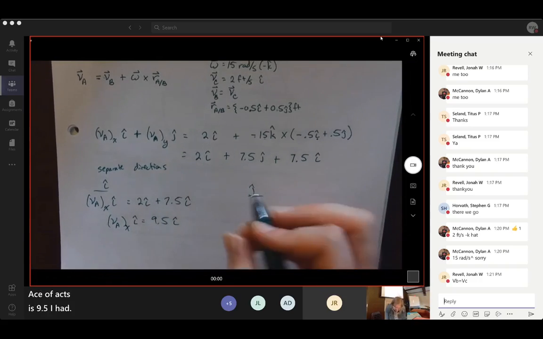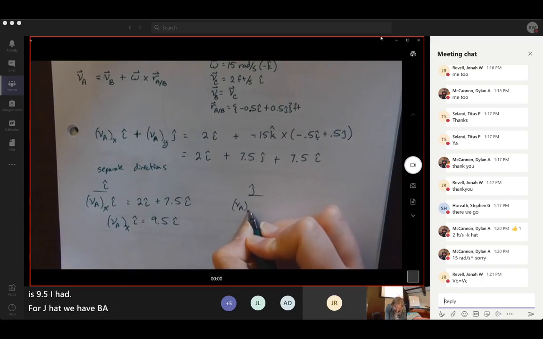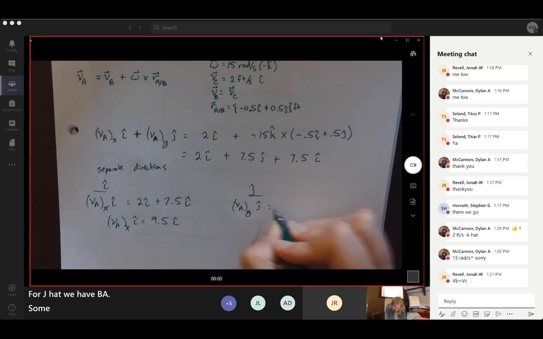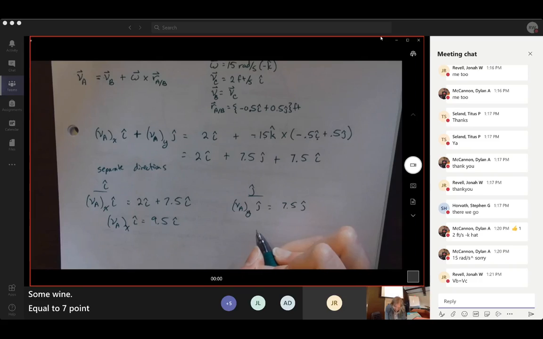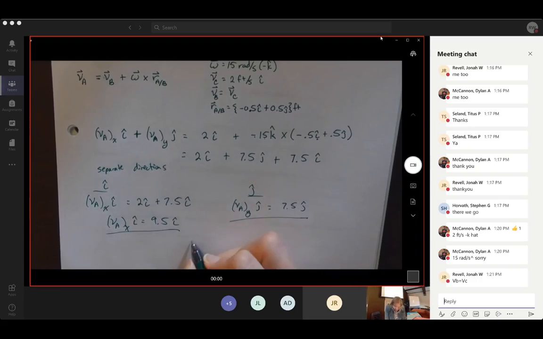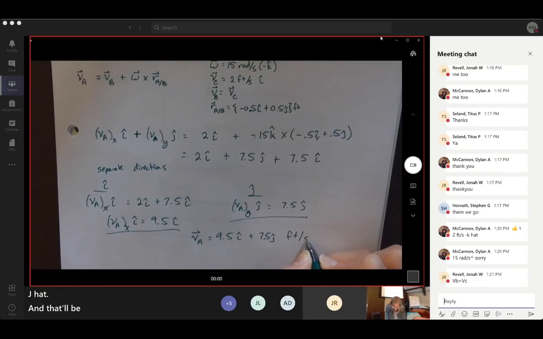For J hat, we have VA sub y equal to 7.5 J hat. Okay, so VA is 9.5 I hat plus 7.5 J hat, and that'll be in feet per second.